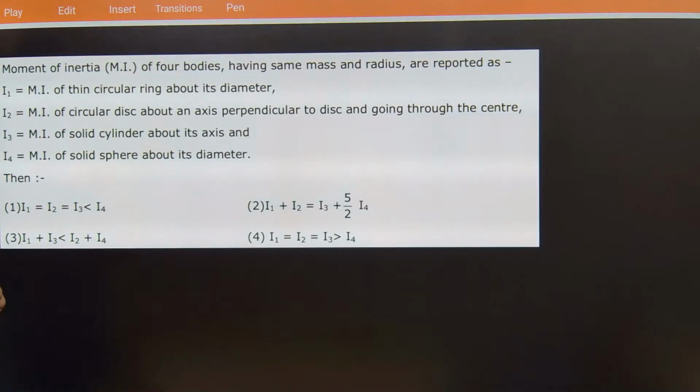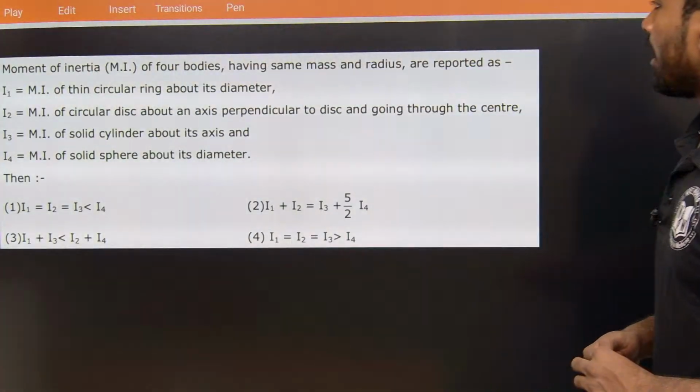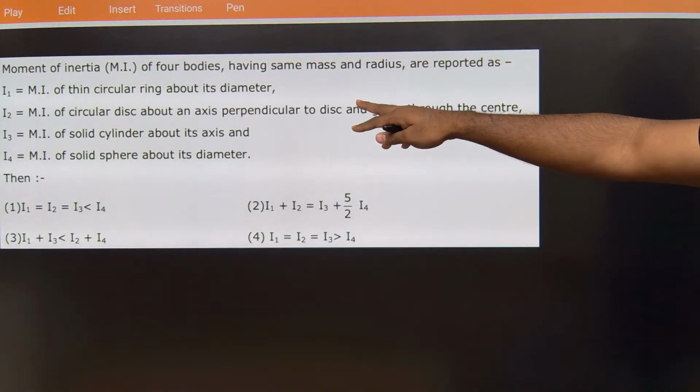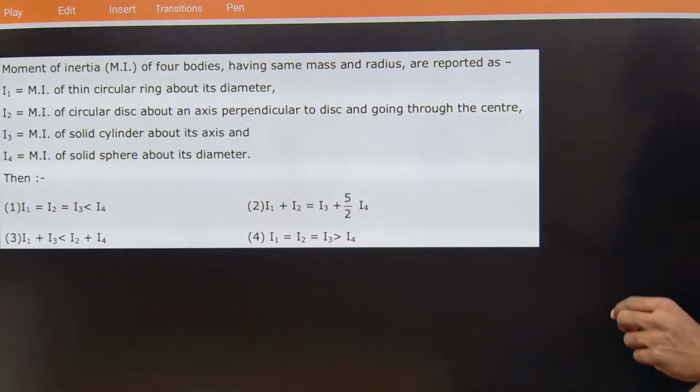Moment of inertia of 4 bodies having same mass and radius are reported as I1 is equal to moment of inertia of thin circular ring about its diameter, I2 is moment of inertia of circular disc about an axis perpendicular to disc and going through the center.